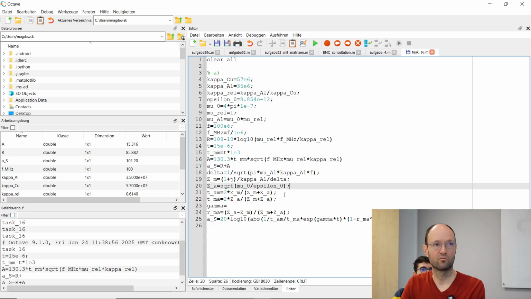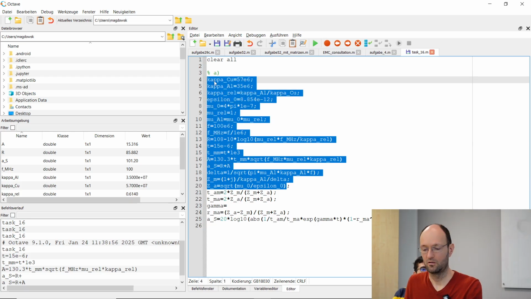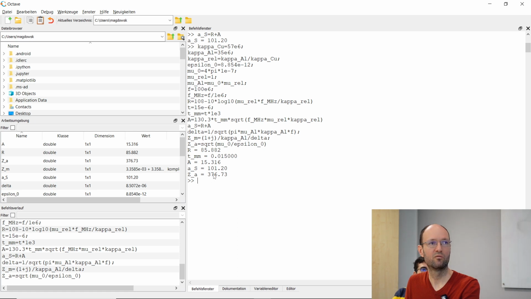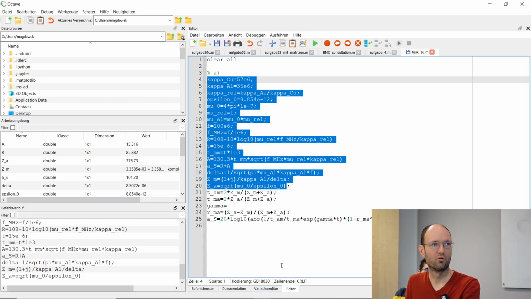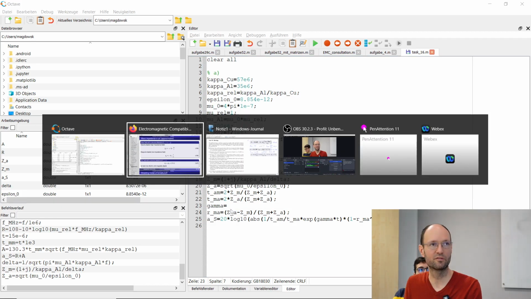If I run this once again until here, F9, we should get that the wave impedance in air is approximately 377 ohms. Okay. So then the last thing that is missing is gamma, the propagation constant.